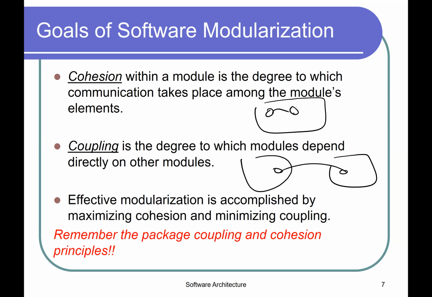But in general, cohesion is what's inside a package, whereas coupling is what's between different packages. In general, what we want is to have a high level of cohesion within a package.